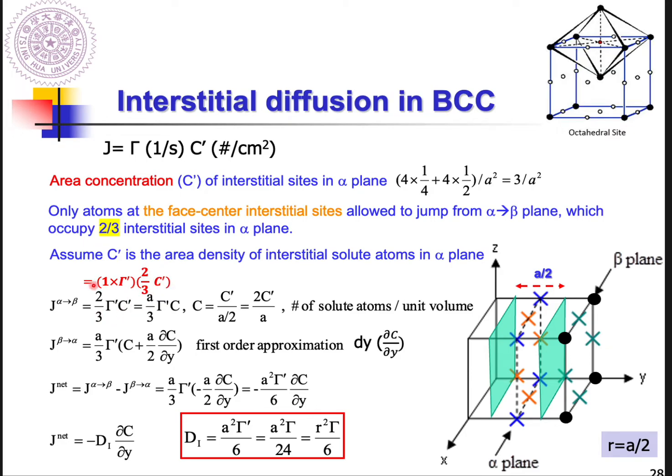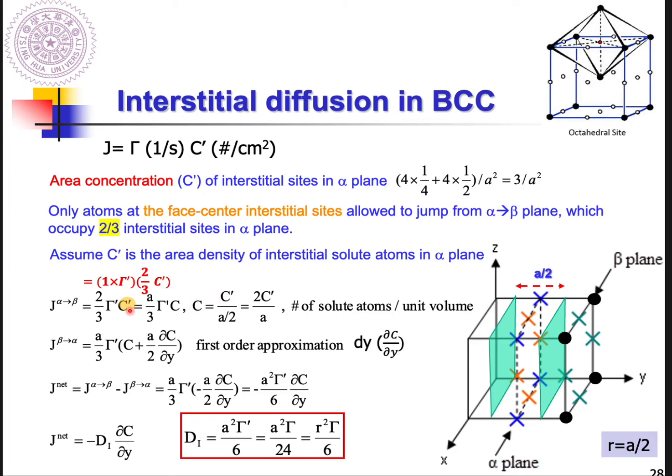So we got this result. Next, because finally we are going to compare with the result we derive from Fick's first law, right? This is area density, but the concentration shown in Fick's first law is the volume concentration. So we are going to try to convert this area density to volume density.